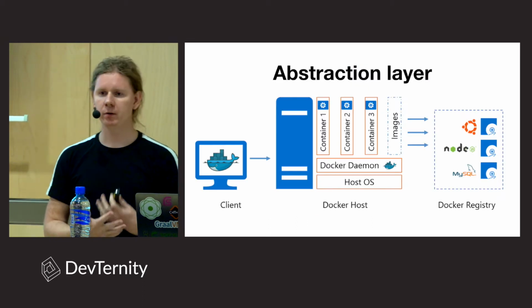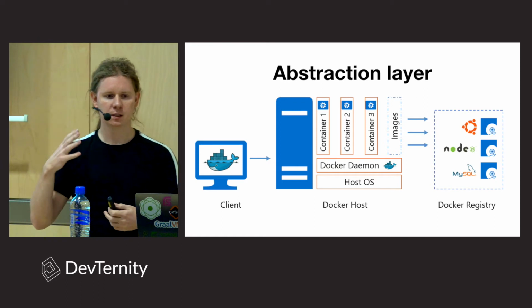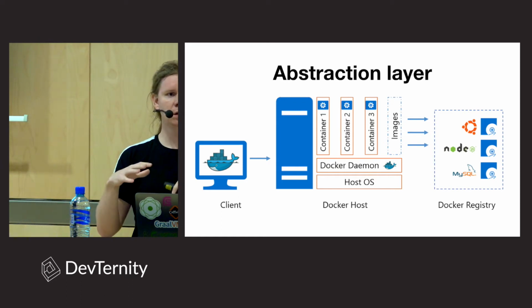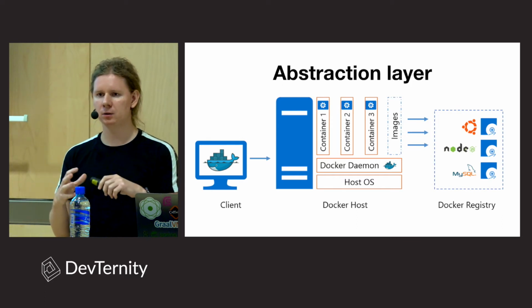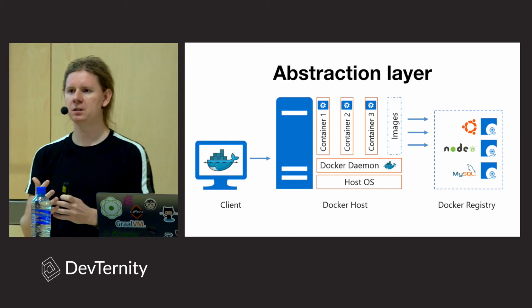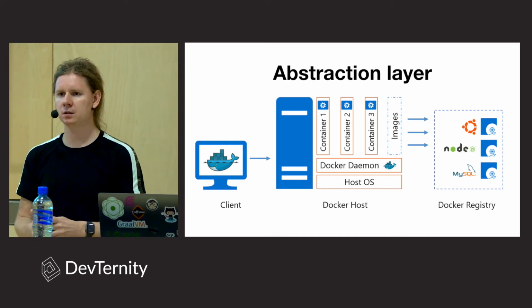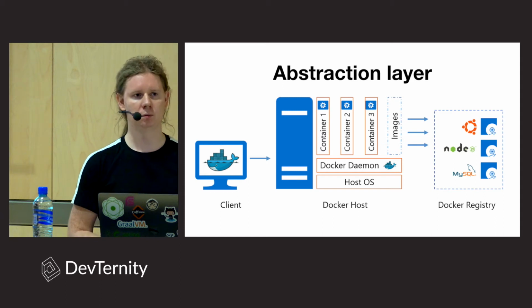Well, Docker is a great abstraction layer because with Docker you can say, now instead of thinking of different components, I think about containers. So everything is a container, and as long as it runs inside the container, as long as it supports Linux, I can run it too.